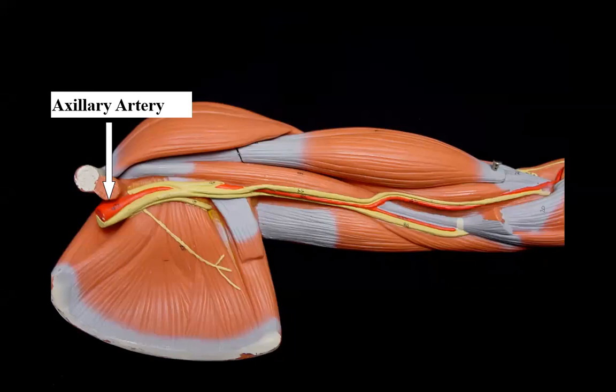You can see the axillary artery right here in the arm, and it starts at the top of the arm and runs down to about mid part, and then you run into the brachial artery.